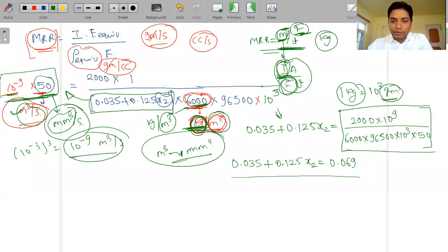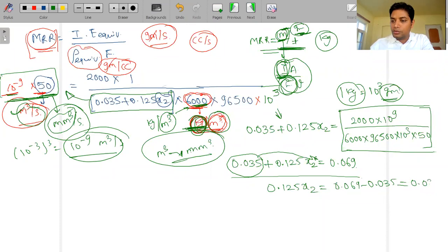So just take this value, 0.035, towards the right hand side. And this will be 0.125 into x2. So this will become 0.069 minus 0.035. Can you tell me how much you are getting over here? I think this is 0.034. Okay, guys. So now can you tell me the x2 value?